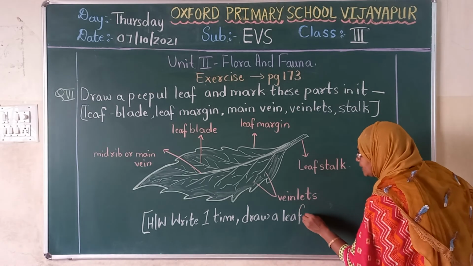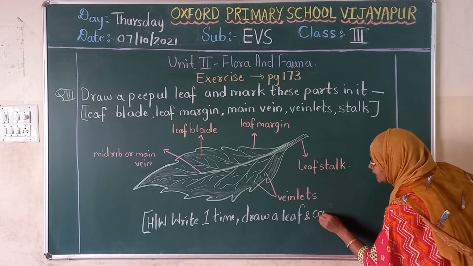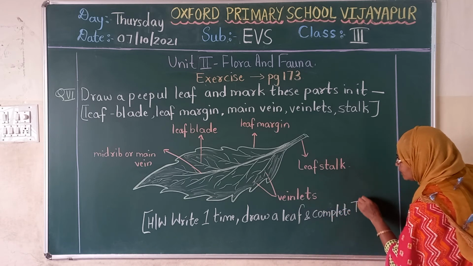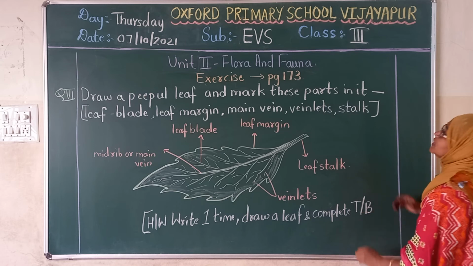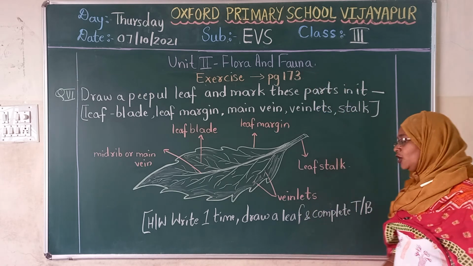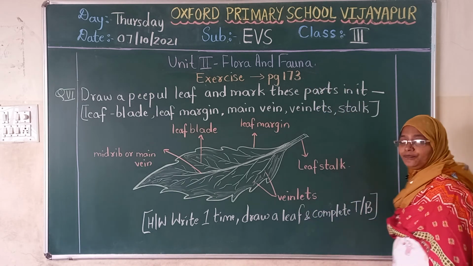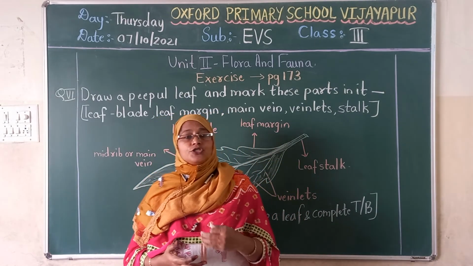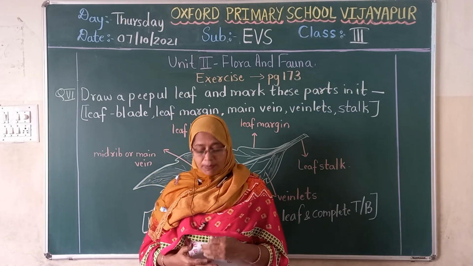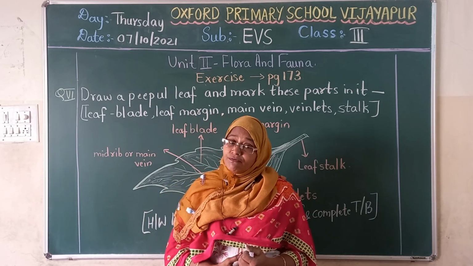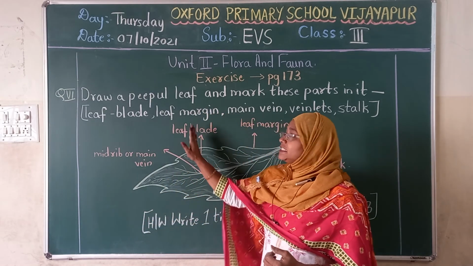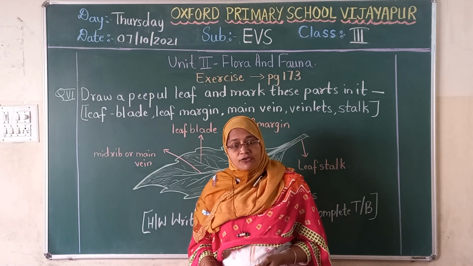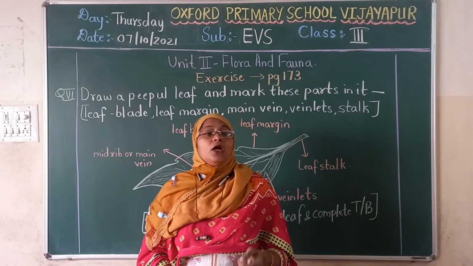And same time you have to complete the textbook, page number 173. So this is your homework, children. Question number 1, question number 3, question number 4, question number 5 and 6 you have to draw in the notebook. Do your work very well, children, and send it to me.